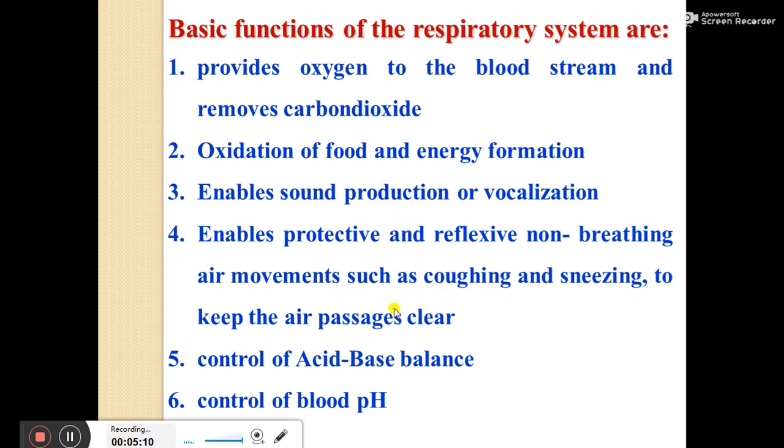If the body is devoid of oxygen, more carbon dioxide is present in the body as compared to oxygen, and the blood contains more carbon dioxide, so the pH of the blood will change.